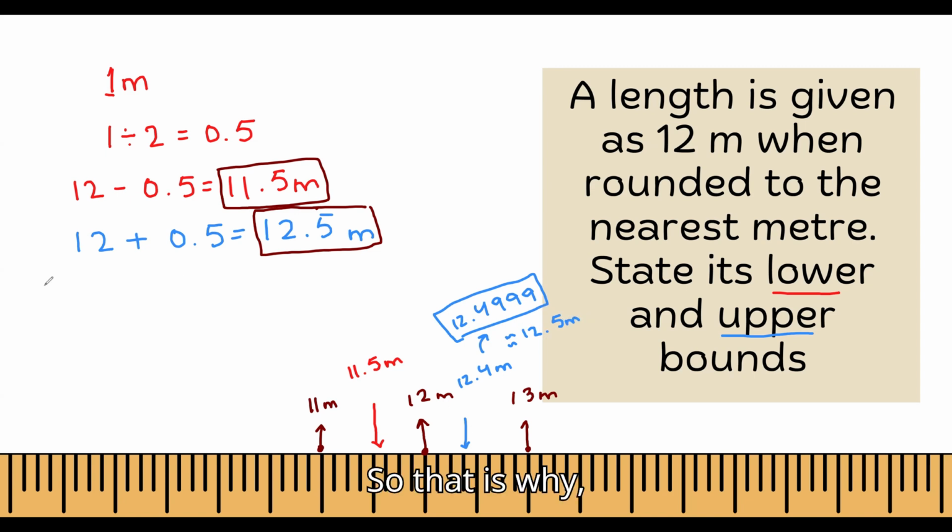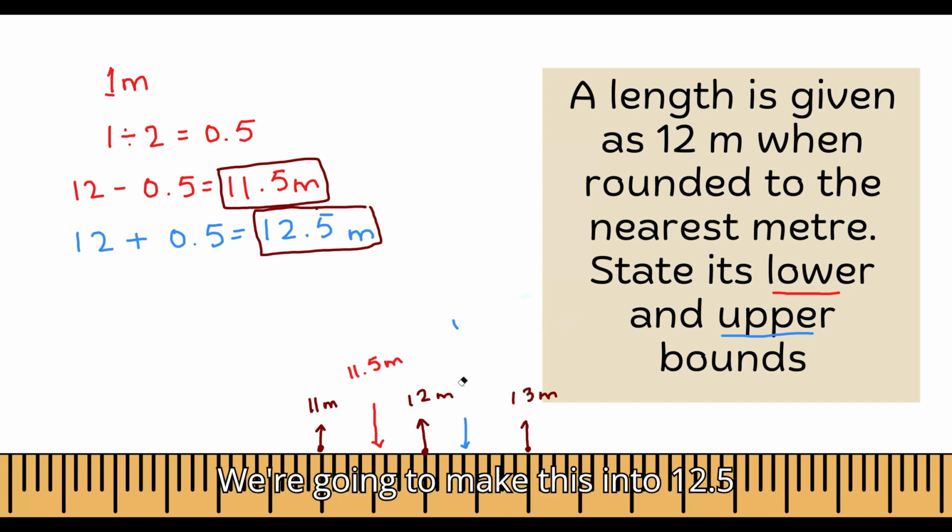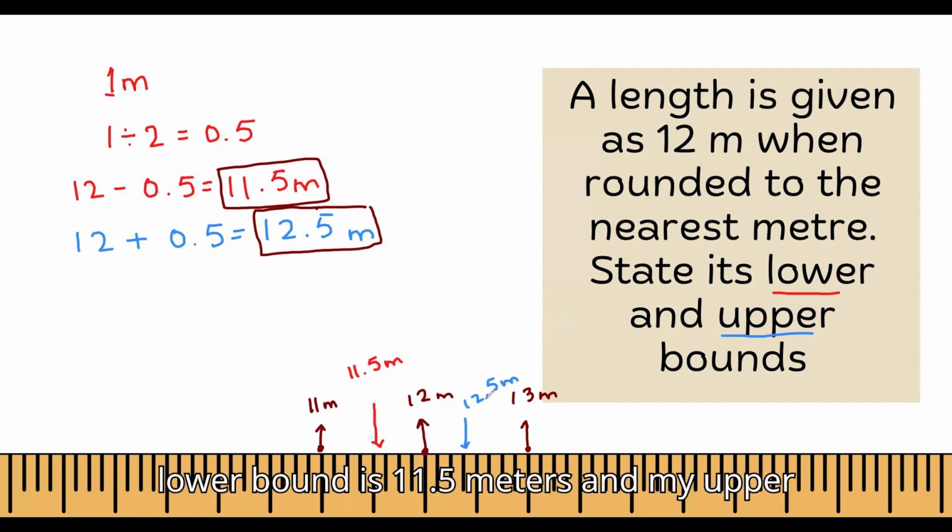So that is why, to make it easy, we don't write it as 12.4 meters. We're going to make this into 12.5 meters. So again, I've got the same answer. My lower bound is 11.5 meters and my upper bound is 12.5 meters.